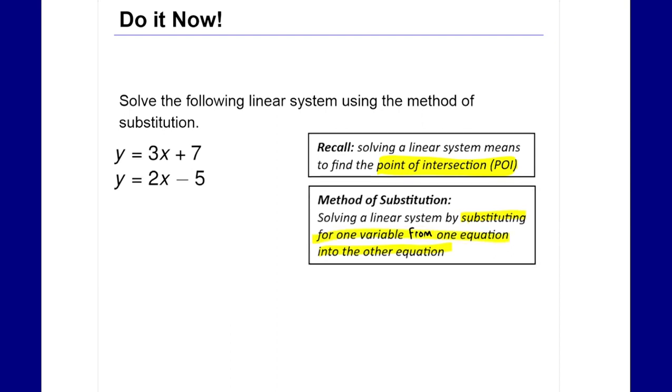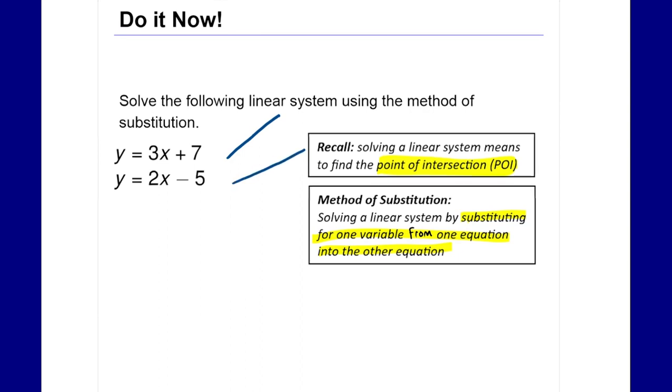So we're doing a linear one as an example because that is what we should be familiar with. So we have our two linear equations here. Y equals 3x plus 7, y equals 2x minus 5. These are two lines. This one is roughly looking something like this, and this one is looking roughly something like that.